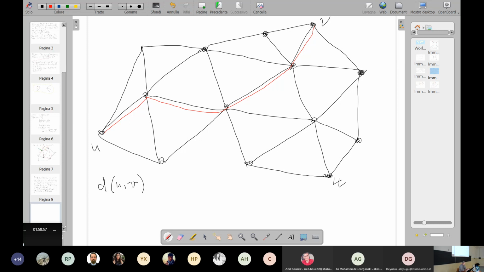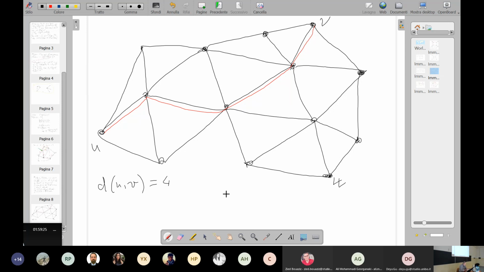I don't think so. So this distance is 4. 1, 2, 3, 4. And any other path from U to V has either the same number or a greater number of edges. All right?